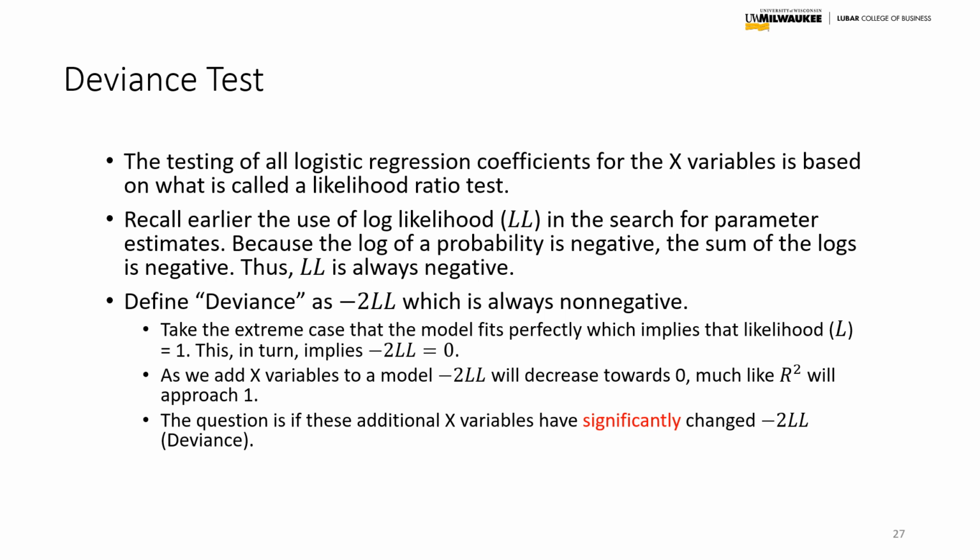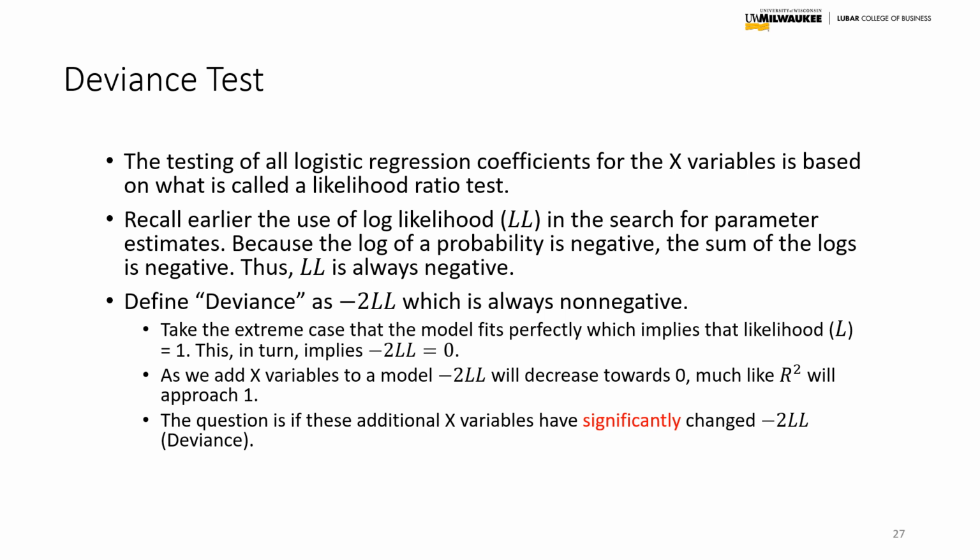So each one of those probabilities that we showed in the earlier spreadsheet, the probability of the outcome being 1 or 0, if that probability is perfectly predicted, those probabilities would be 1. The log of 1 is 0. If we add a whole bunch of zeros up, we'll get 0. So LL would be 0, minus 2 LL would be 0.